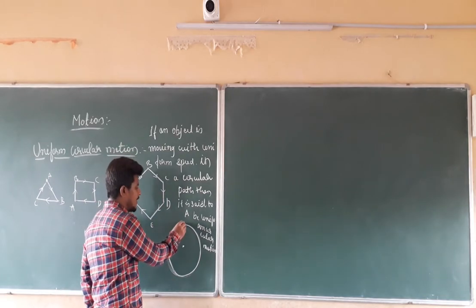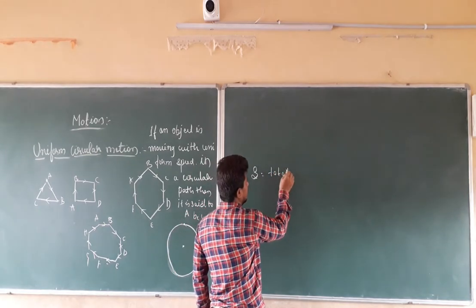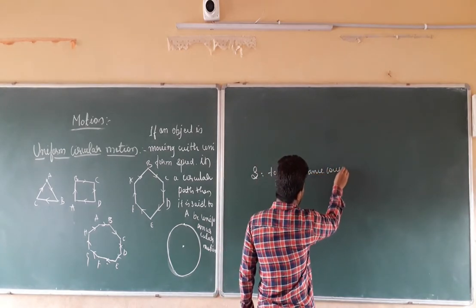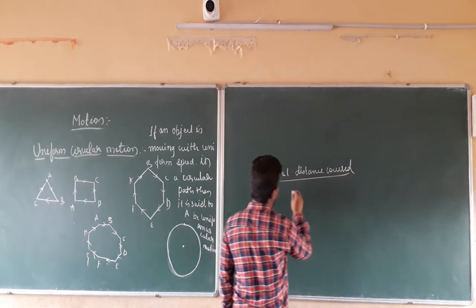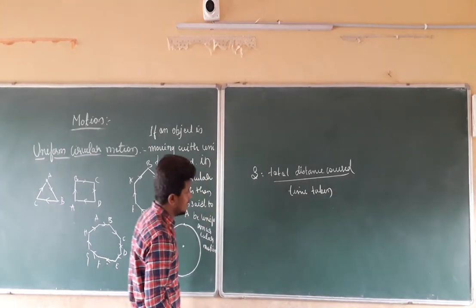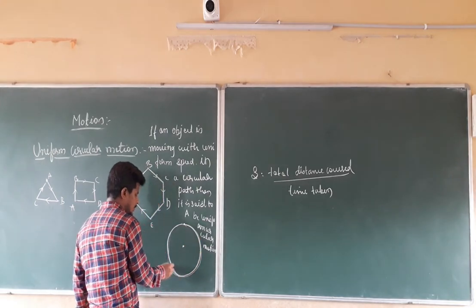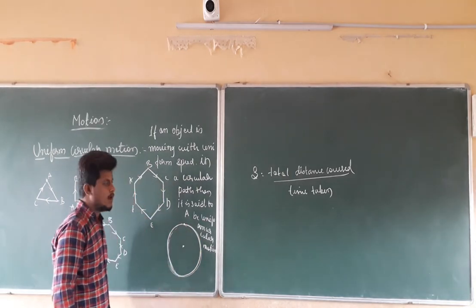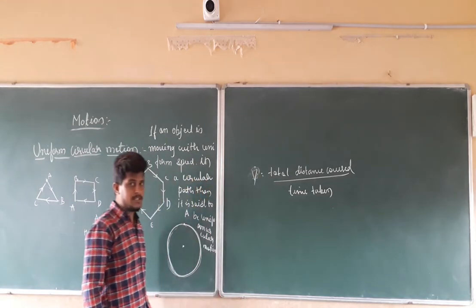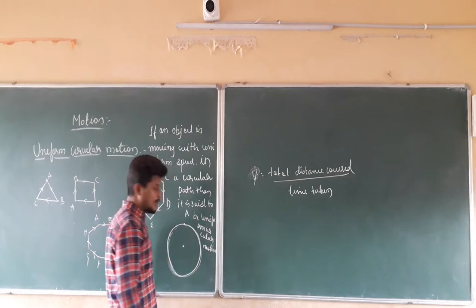To find out the speed, if you remember, speed can be given as the total distance covered divided by the time taken. In a uniform circular motion, if the object completes one round, we have to find out its speed.